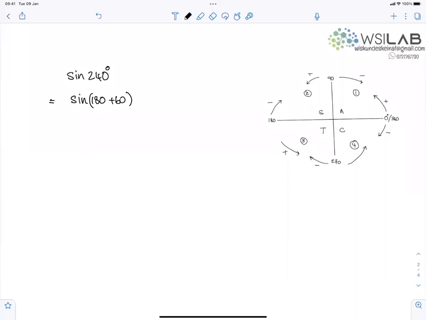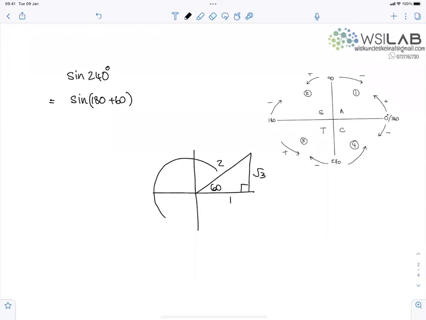So in effect, what I'm doing is the following. I'm taking my normal 60-degree triangle, 1, 2, root 3. And I'm actually moving it all the way to the third quadrant. What I'm doing now, I'm just going to explain something to you that is not really important for you to understand, because there's a method of doing this without understanding what I'm doing now.